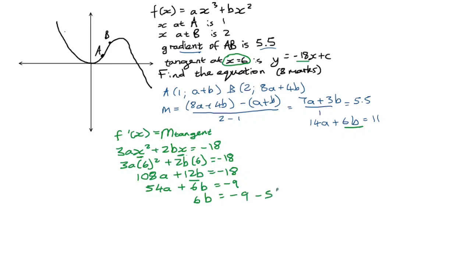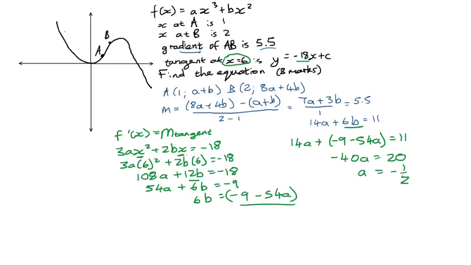So that's what 6b is, and then if that's what 6b is, I can literally just put it in here in this equation. So instead of writing 6b, I'm going to put minus 9 minus 54a equals 11. The a's, I end up getting minus 40 of them. The numbers, I get 20. I'm going to divide both by minus 40, and I get minus a half.